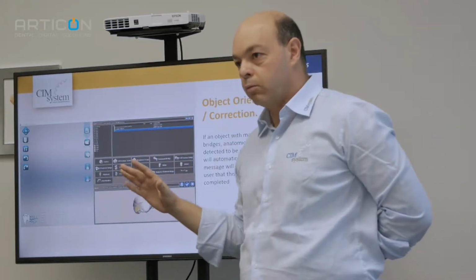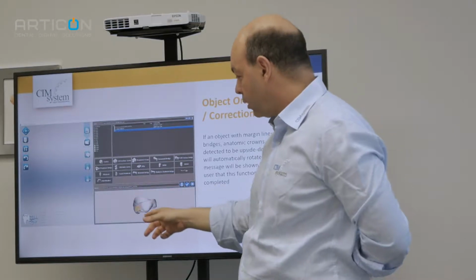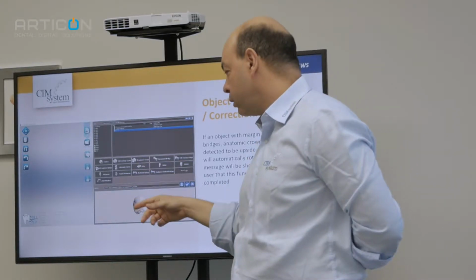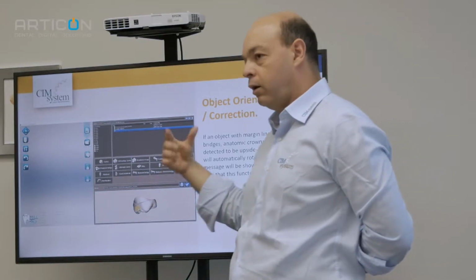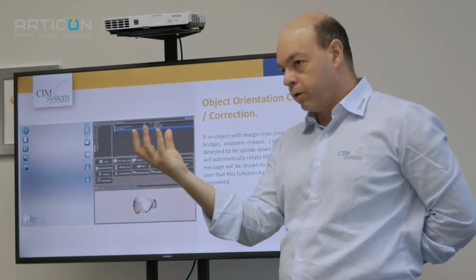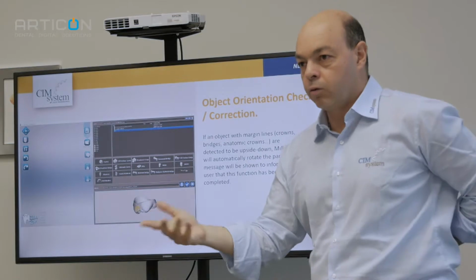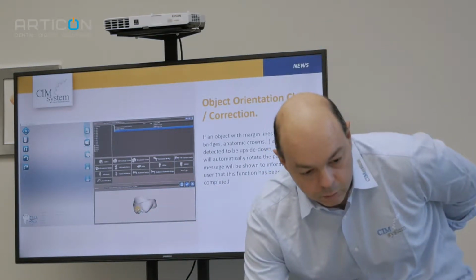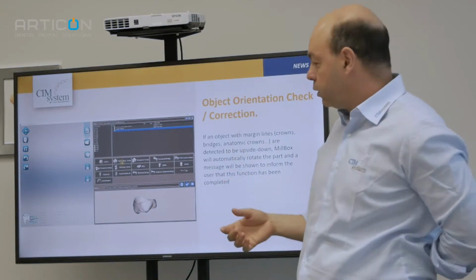Now you don't need that anymore. If you have one STL in this case, automatically when Millbox imports, it recognizes the wrong position and automatically rotates everything.